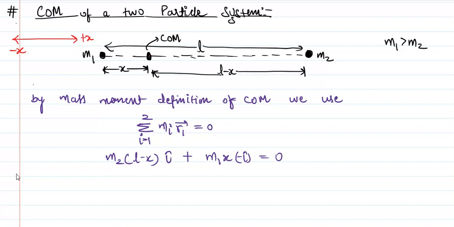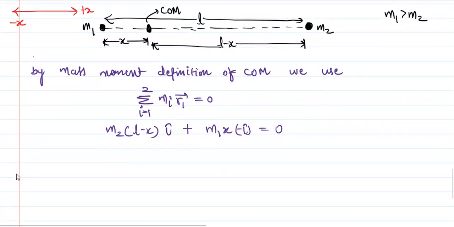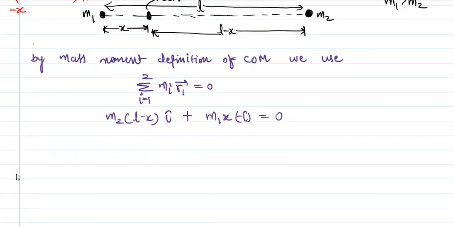The distance of m1 from center of mass is in negative direction. That is why I am writing minus i cap with m1 x. Okay, so we can take unit vectors as common and it will be cancelled out, and we can only take the magnitude of both the terms. So it will be m2 into L minus x minus m1 x is equal to 0.